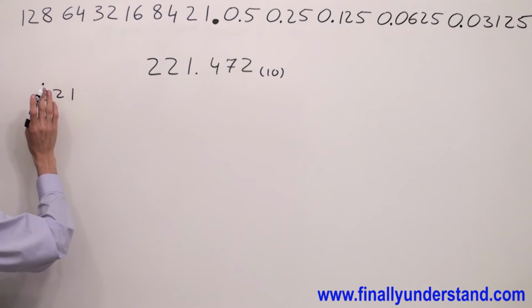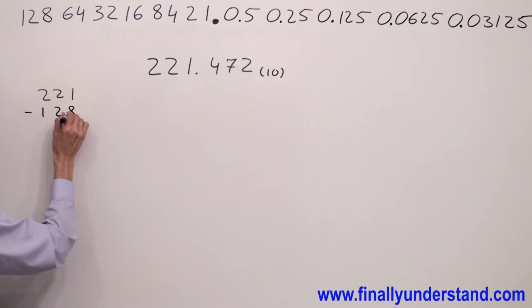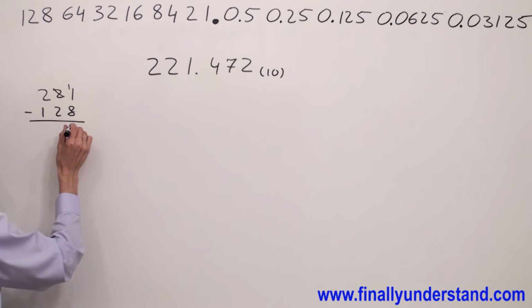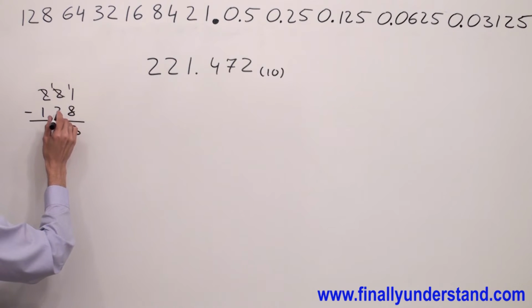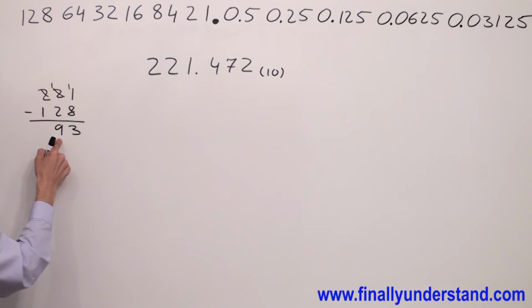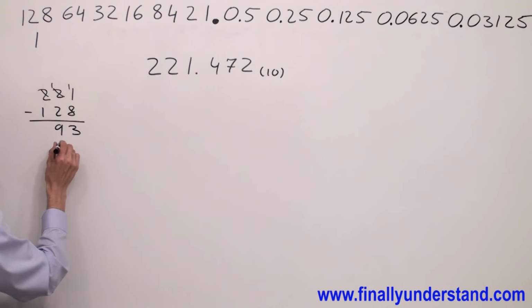The highest weight which I can subtract from this number is 128. And I'm going to have 11 minus 8 is 3, and 11 minus 2 is 9. I have 93. The highest weight which I can subtract from 93 is 64.